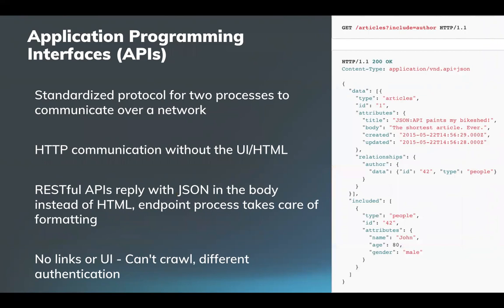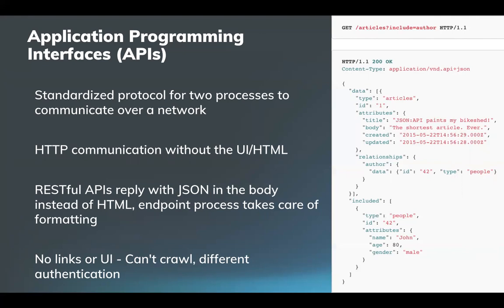Application programming interfaces are just a way for computers to talk to other computers, without a human involved, in a pre-agreed upon protocol. So it's HTTP without any of the HTML. There's no user interface, there's no web page, it's just the meat without the burger.